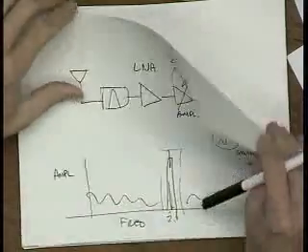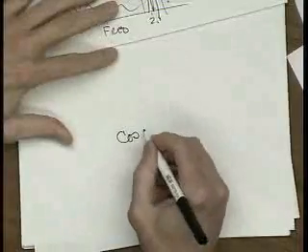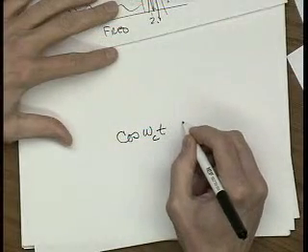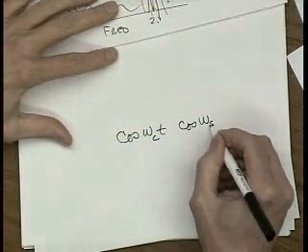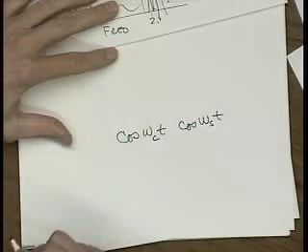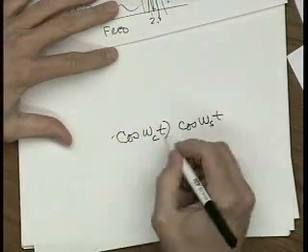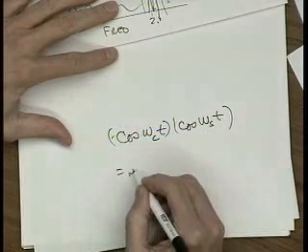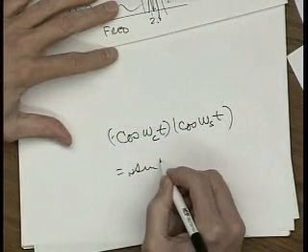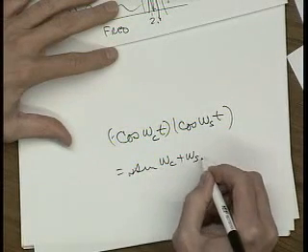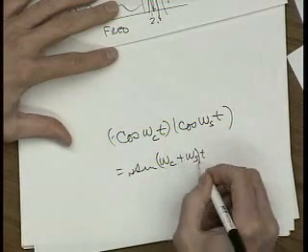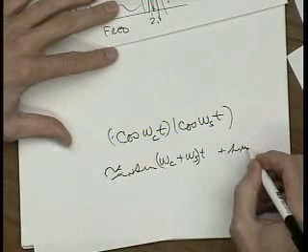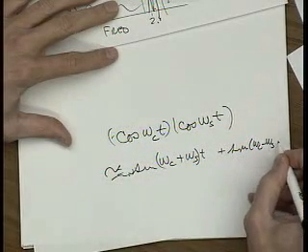If you take cosine omega carrier times t times cosine omega synthesizer times t, what's the signal you get out of that? I'm not exactly sure, but it's approximately sine of (omega c plus omega s)t plus sine of (omega c minus omega s)t.